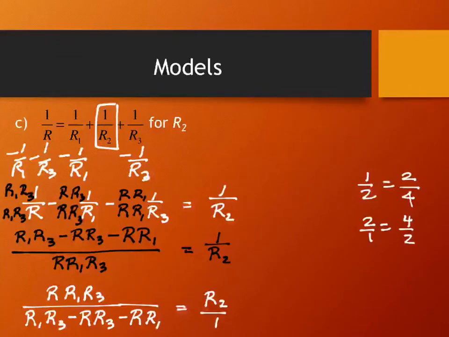Okay? So I wrote it R2 over 1. You don't really need the over 1 part. It's just equal to R2. Again, it's not the only way to do the problem. There's lots of other possibilities and operations in different orders that would work, but it's a fairly decent one to do it with.